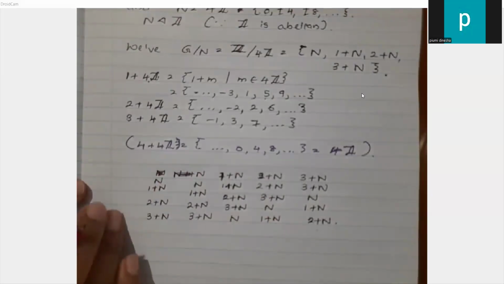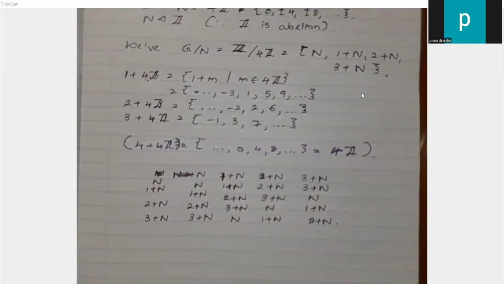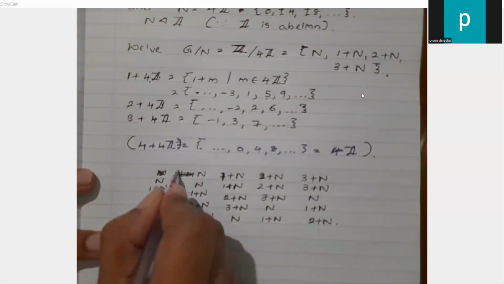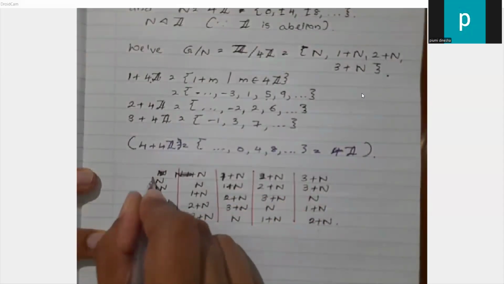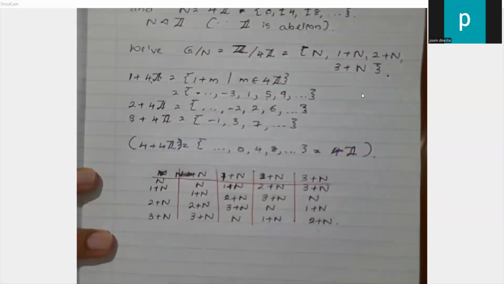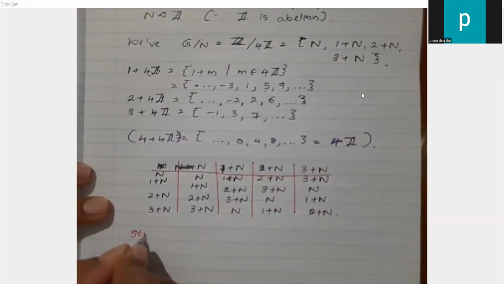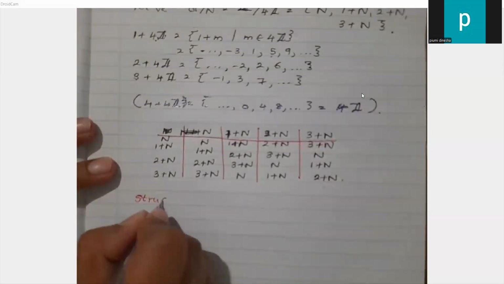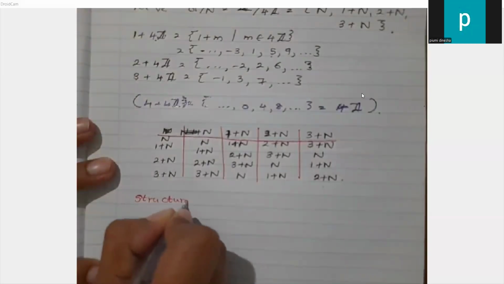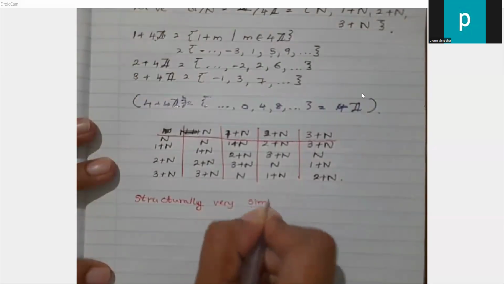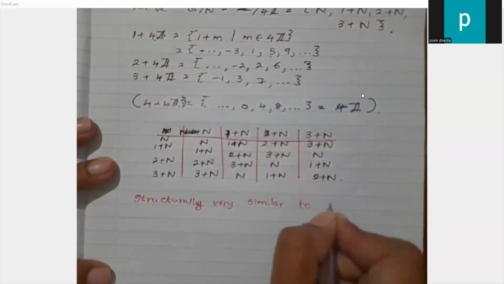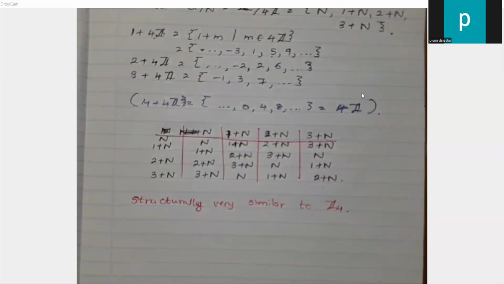And if you look at this one, this is actually structurally very similar to Z4. If I try and separate this, it is a little bit hard the way I have written it, right? Structurally, so essentially, they are the same.